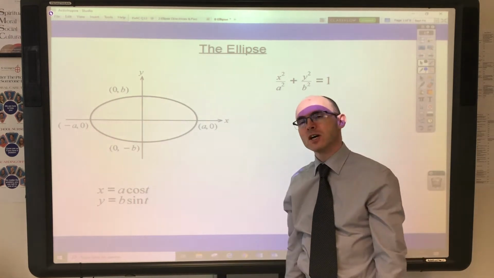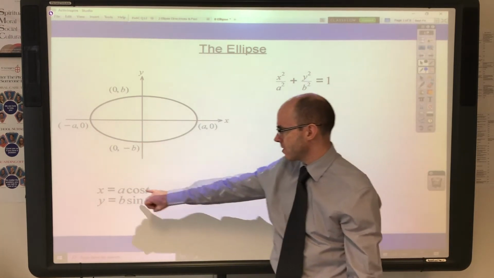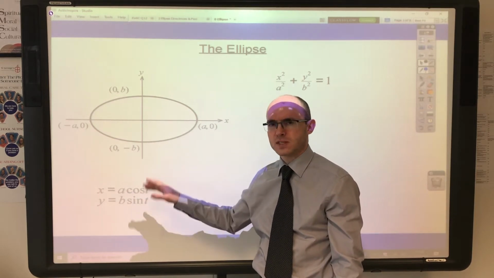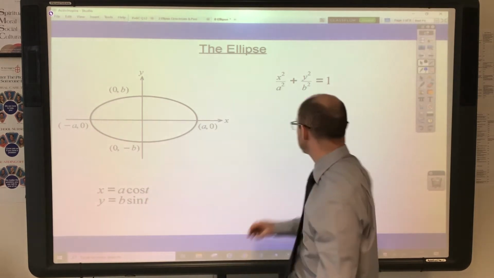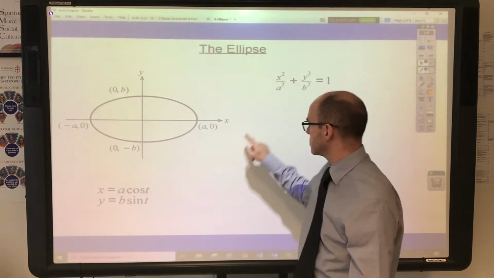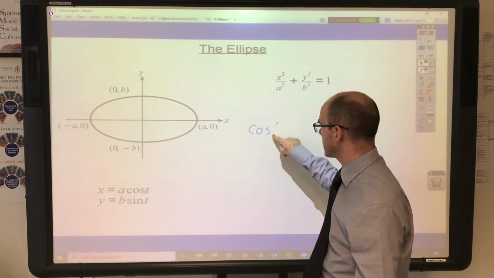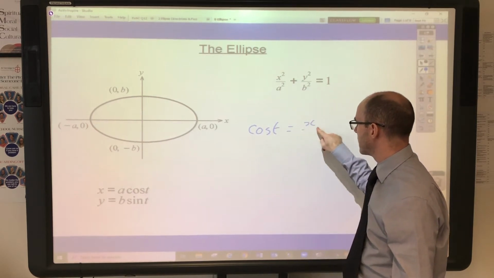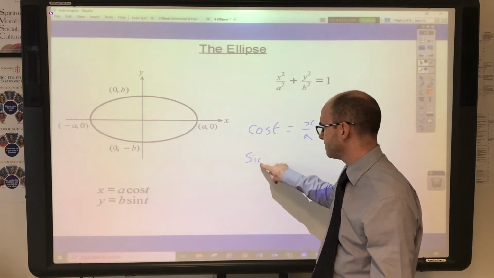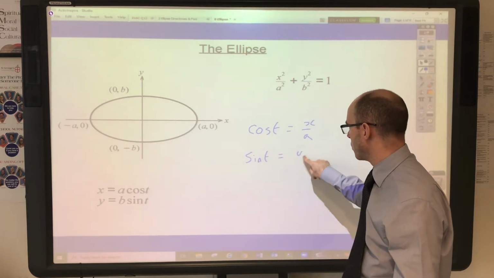Okay? In terms of the parametric equations, here they are. x equals a cosine t, y equals b sine t, t being between 0 and 2 pi radians. You can just check that, of course. The parametric equations here, you can just make cosine t the subject, x over a. You can make sine t the subject, y over b.